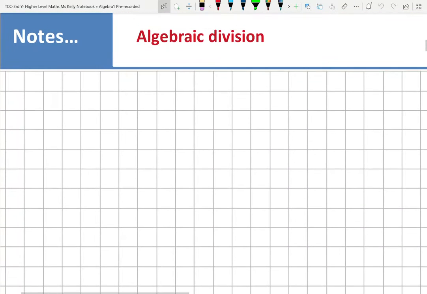So algebraic division is a lot like numerical division, whereby you want to take something like 17 and divide it into 3927. Just do a calculation here on the side.